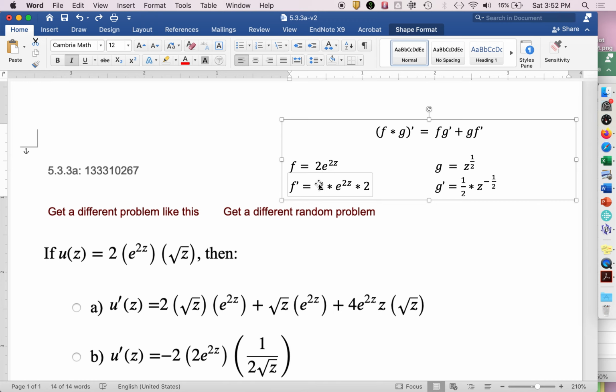It's a little tiny one. I bring the 2 down because of the constant multiple rule, and the derivative of e to the stuff is e to the stuff times the derivative of the stuff. So this time that is just 2. 2 is the derivative of 2z. The derivative of z to the 1/2 is going to be 1/2 z to the negative 1/2 because of the power rule.